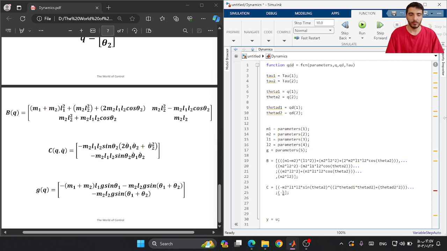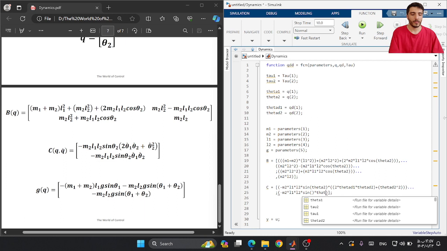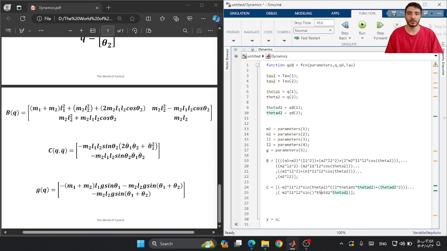And the second one is minus M2 L1 L2 sine of theta 2 multiplied by theta dot 1 times theta dot 2.